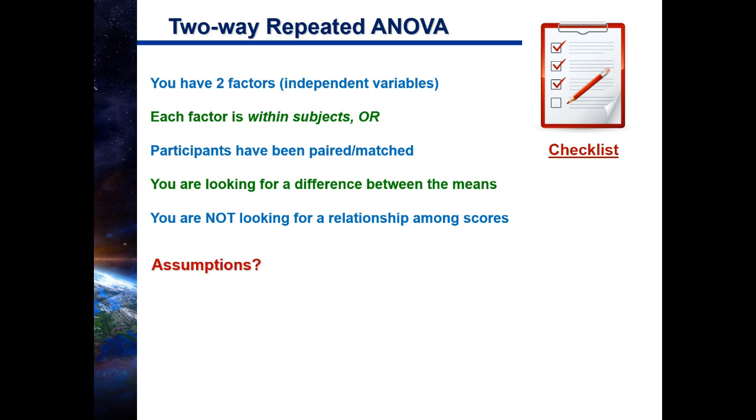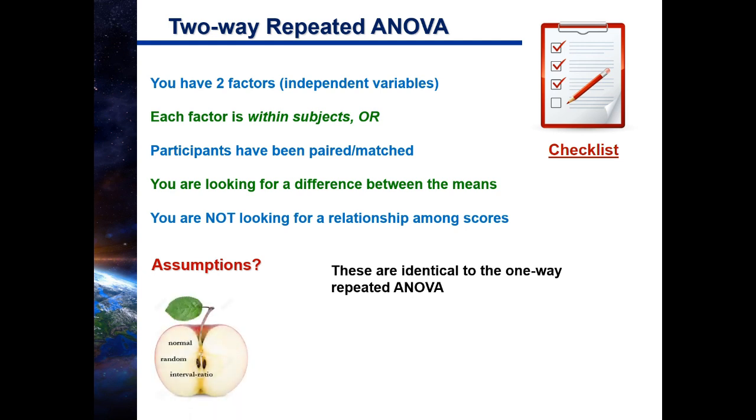What are the assumptions? Hopefully by now, you know that all the t-tests and all the ANOVAs have the core, all right? Which means the dependent variable is normally distributed in the population.